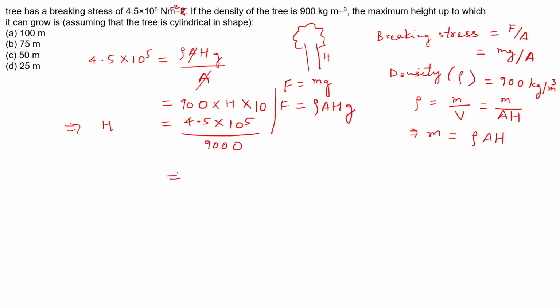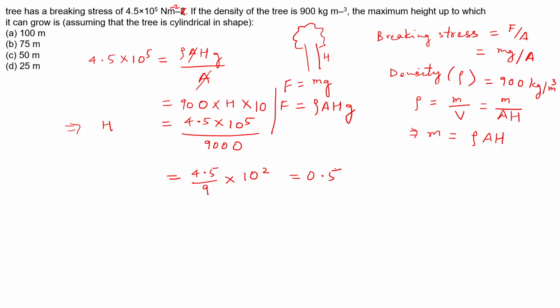So approximately what I will get is 4.5 divided by 9, and 10 to the power 5 over 10 to the power 3 will be 10 to the power 2, right? 5 minus 3 is 2. 4.5 divided by 9 will give me 0.5.